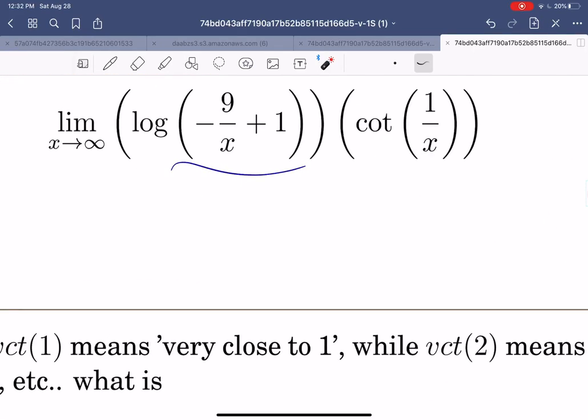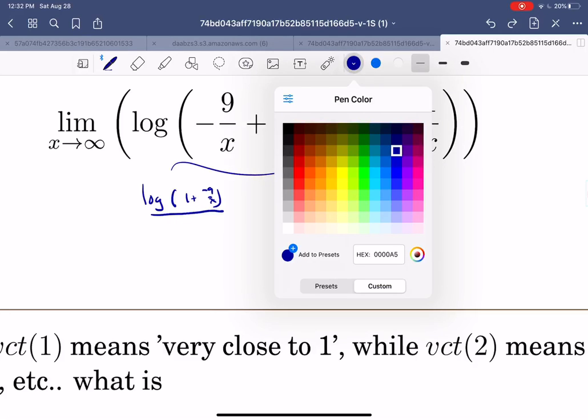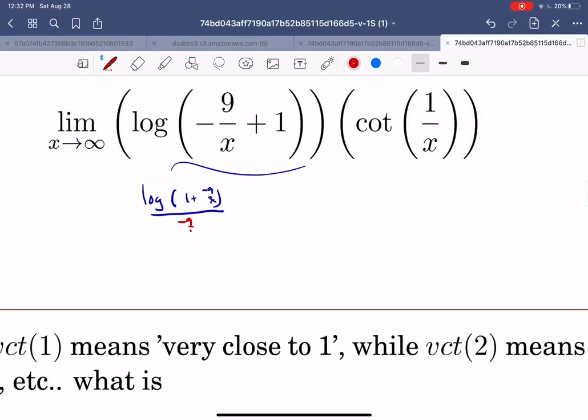I'm going to use those ideas and a little creativity to rewrite this as log of 1 plus negative 9 over x all over negative 9 over x. Now you see that part right there is illegal. I can't just put on there whatever I like. However, I can do it if I balance it out with the 9 over x on the top, essentially multiplying by 1, which would be allowed.